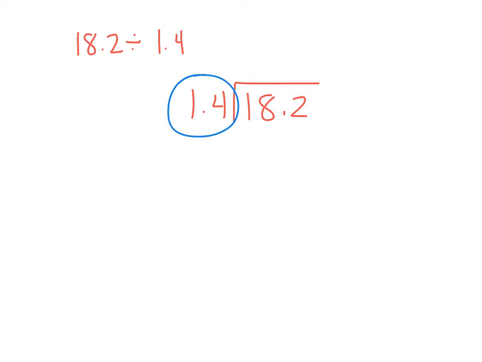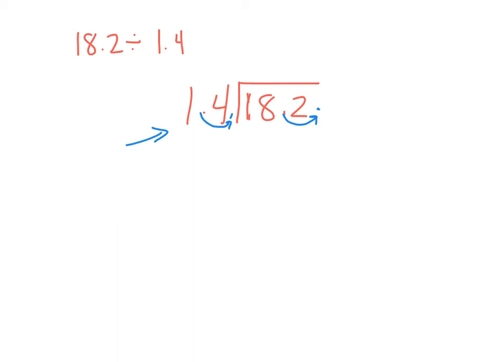In order to do that, all I'm going to do is multiply it by a power of 10, or say, let's move my decimal over one place so it becomes 14, but if I do it here, you have to do it here. So I'm going to move it over one place. It's basically like I multiplied it by 10.